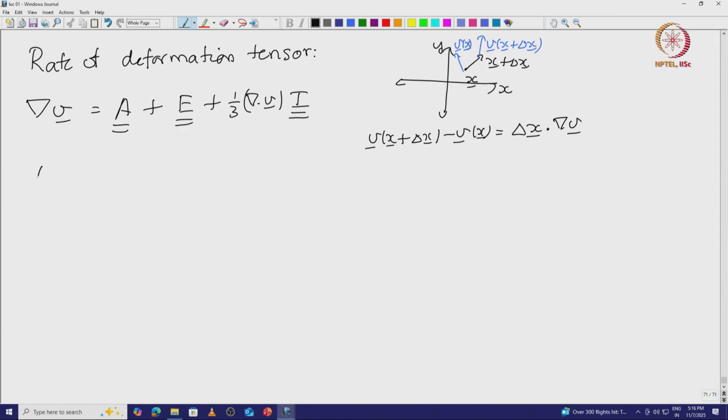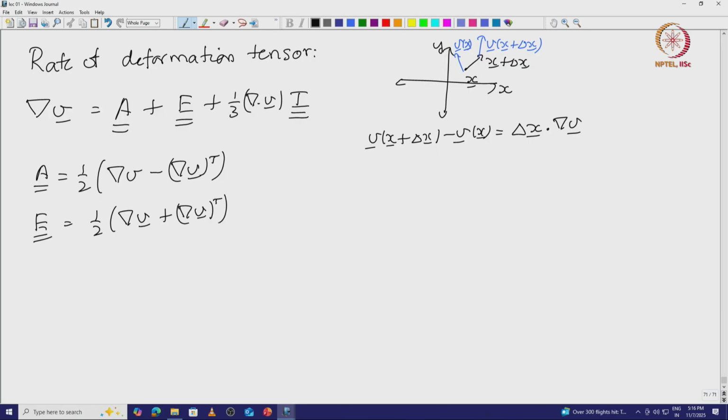And the antisymmetric part is the difference between the gradient of velocity and grad v transpose, and this extensional part is basically equal to the symmetric part, grad v plus grad v transpose, minus 1/3 I del dot v, because 1/3 I del dot v is written separately here as the isotropic part, which means that the trace of E has to be equal to 0.